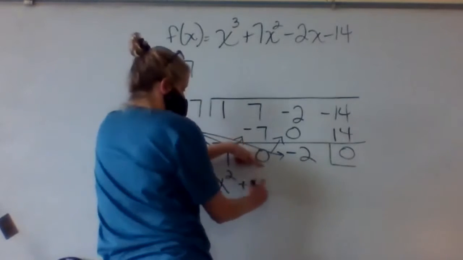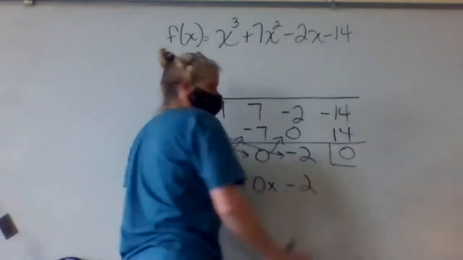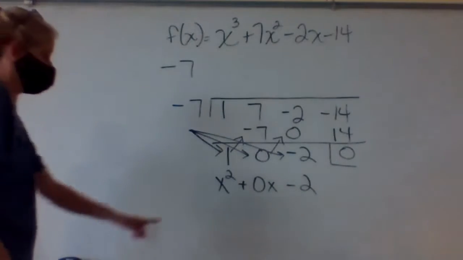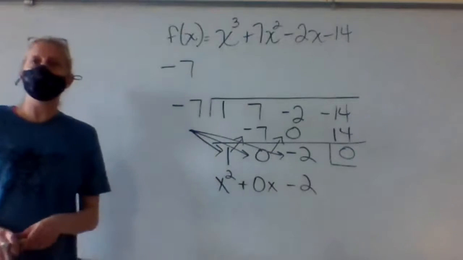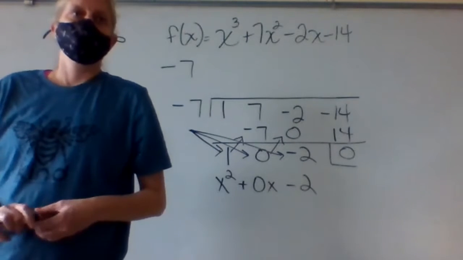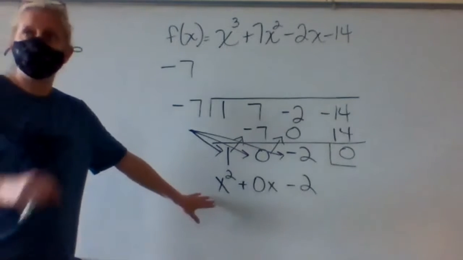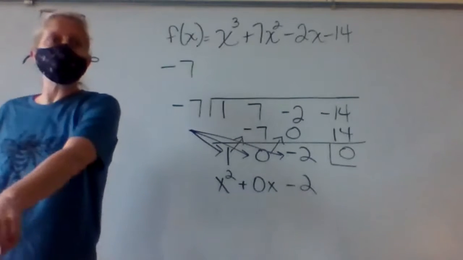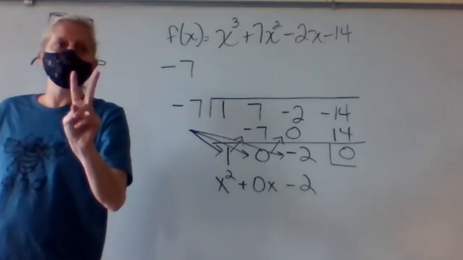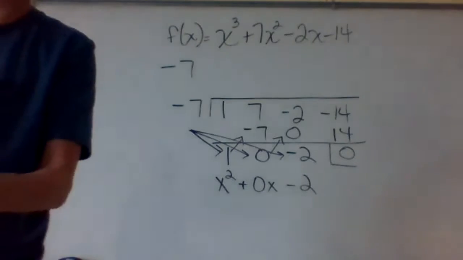Going down from there, so plus 0x minus 2. Look what you have left. What is an x squared called? What do we call that all the time? Quad. If I'm finding zeros and I have a quad, I can use my quad program to find the other 2 missing zeros.